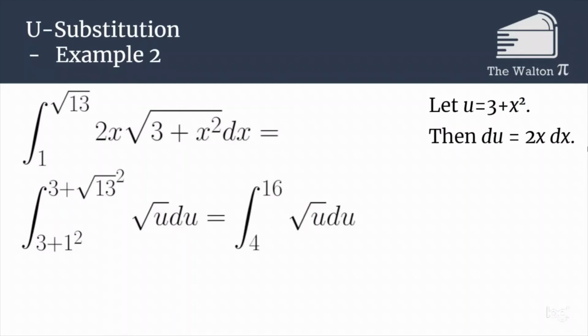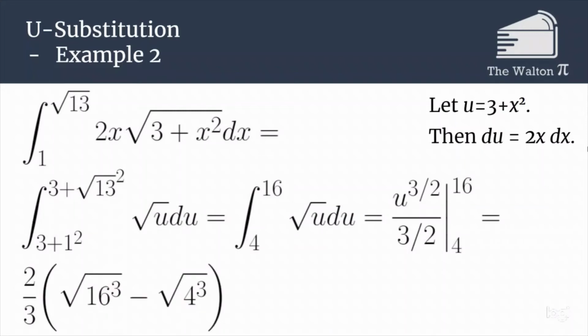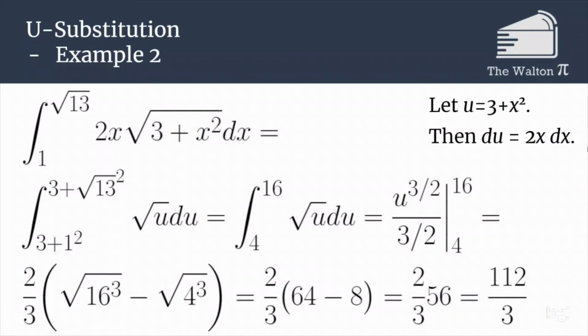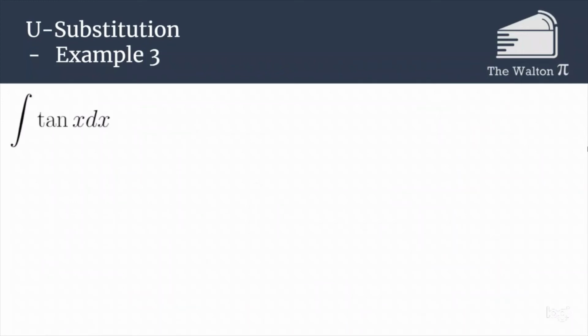So this turns into the integral from 4 to 16 of the square root of u du, which is u to the 3 halves over 3 halves evaluated from 4 to 16, which is 2/3 times the square root of 16 cubed minus the square root of 4 cubed, which is 2/3 times 64 minus 8, 2/3 times 56, or 112 thirds. That is how we would do U-substitution in this particular problem.